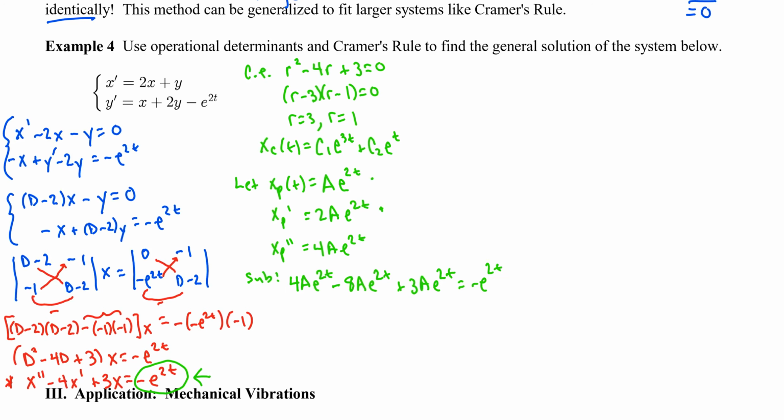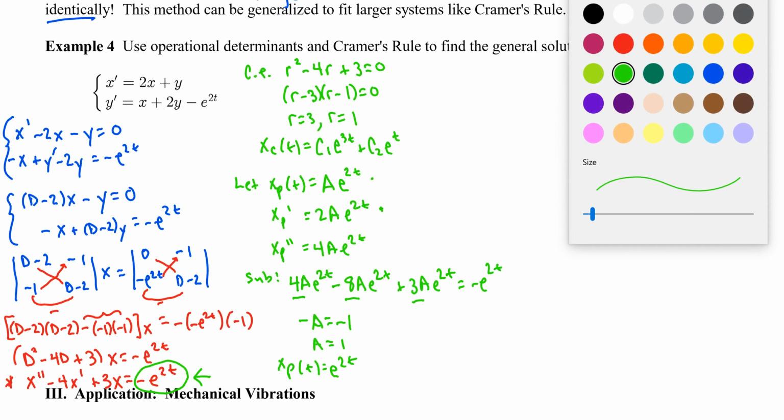Okay, so combining our constants here, notice all of the terms have an e^(2t). So we could say 4A minus 8A, which is -4A, plus 3A, -A equals -1. Therefore, A equals 1. So the particular part then is e^(2t). Therefore, we've got our solution for x.